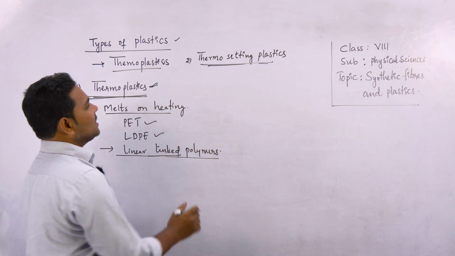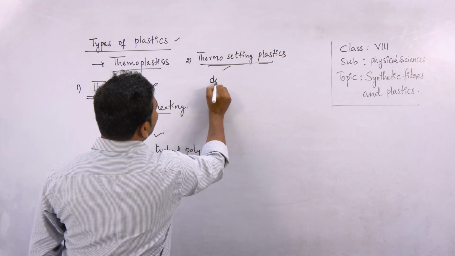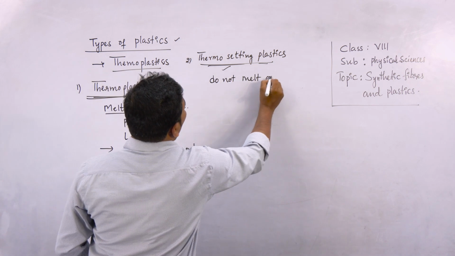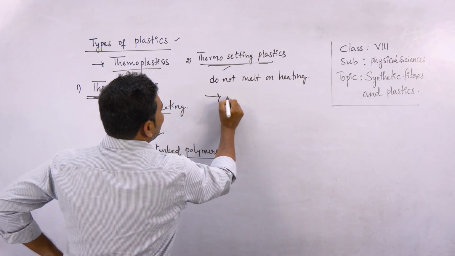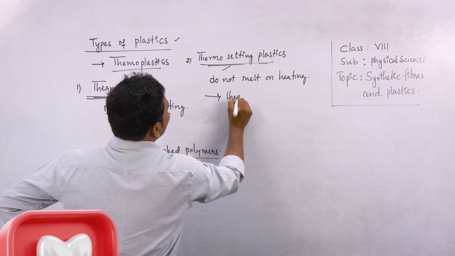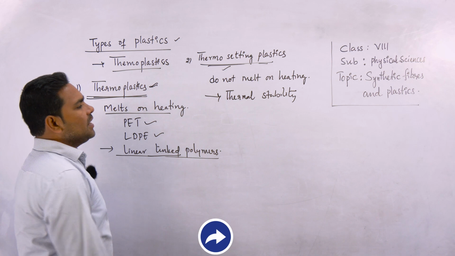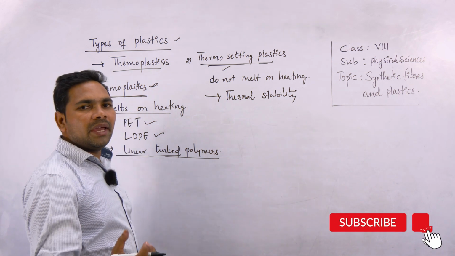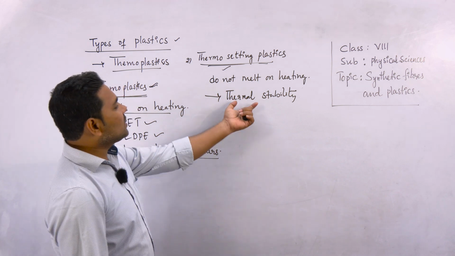Such plastics are called thermosetting plastics. Thermosetting plastics do not melt on heating. Such plastics are generally used where thermal stability is required. What does thermal stability mean? It is the ability to bear heat without melting.